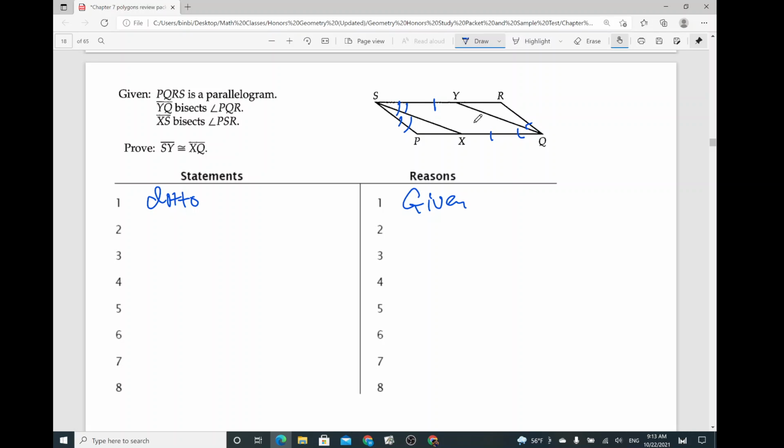triangles congruent here. Since we know that PQRS is a parallelogram, let's say that angle S is congruent to angle Q, by using the properties of a parallelogram.